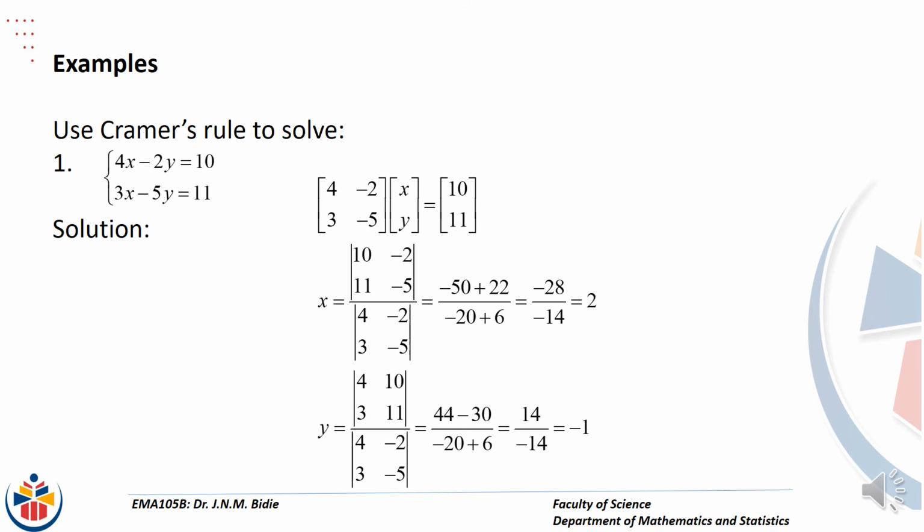But for y, the determinant of that numerator is the determinant of a matrix where the second column of A has been replaced by the constant matrix. And then you evaluate. Please check whether you'll get 2 and -1 as values for x and y. So Cramer's rule can be used on a 2x2 system as well as a 3x3 system.